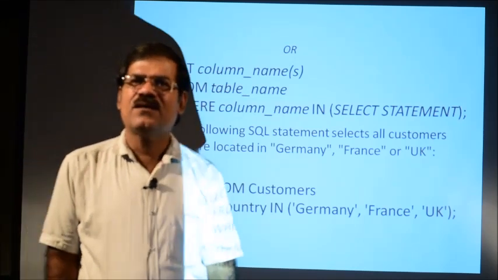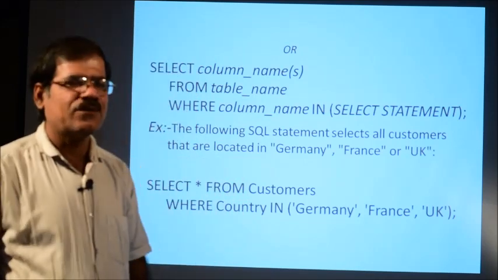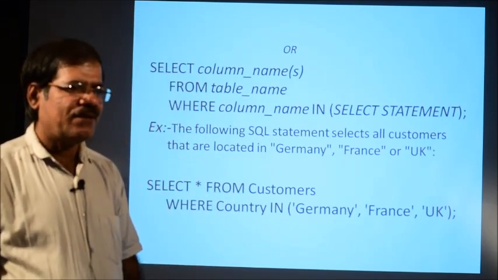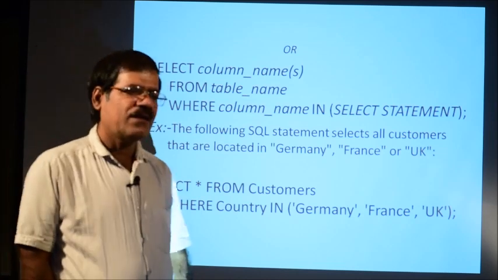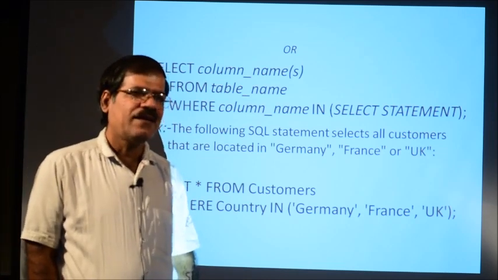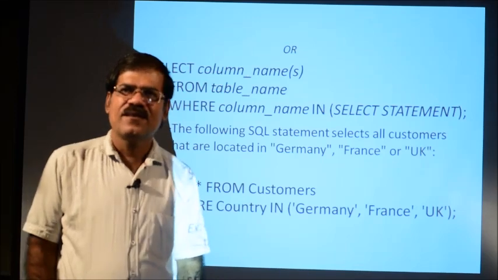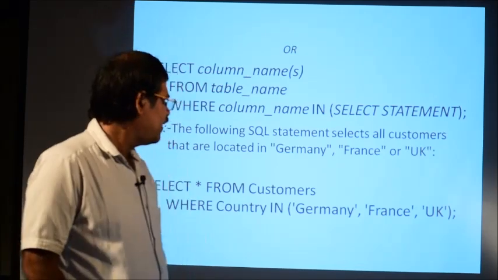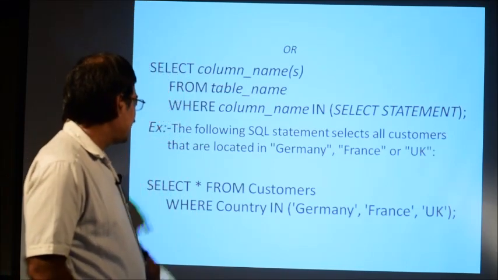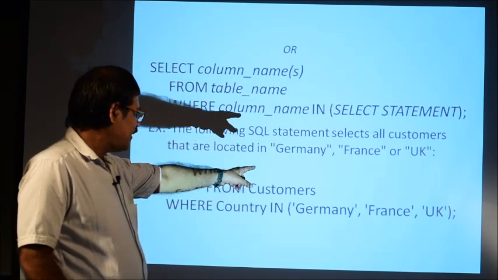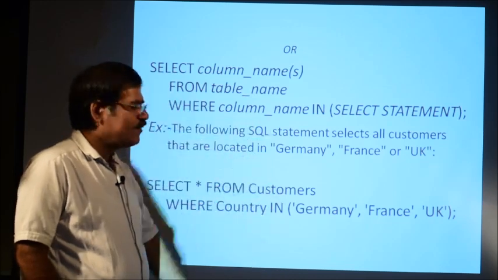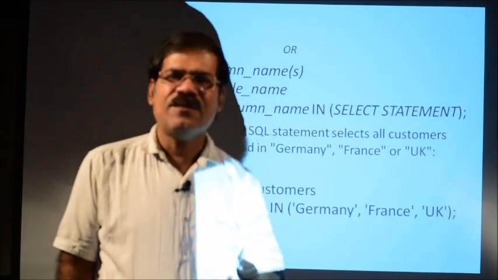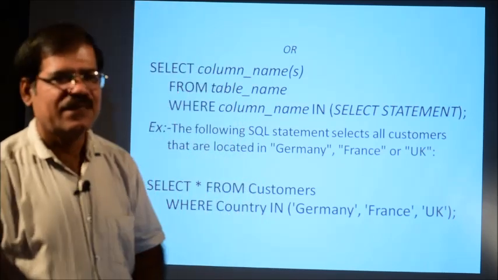In a customer table so many attributes are there, but my requirement is to display all the records, all the fields, where the country name is Germany, France and UK. Germany is value 1, France is value 2, UK is value 3, or value n. From the n number of values you can fetch the records from this table.